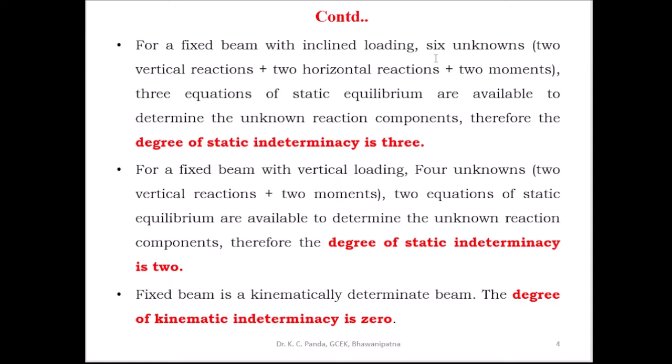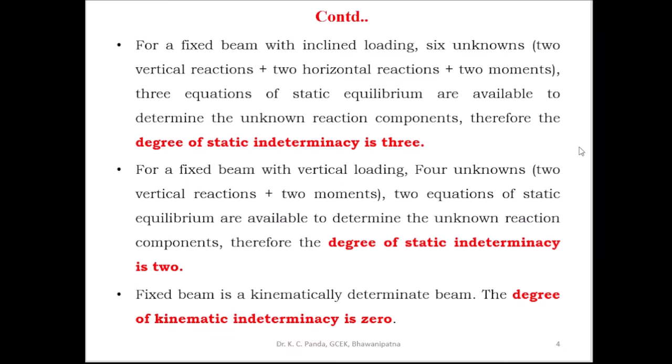So in this case, the degree of static indeterminacy is equal to 3. The degree of static indeterminacy ds is equal to r minus 3. The total number of reaction components is 6, and the number of static equilibrium equations available is 3. So ds is equal to 6 minus 3, that is equal to 3.